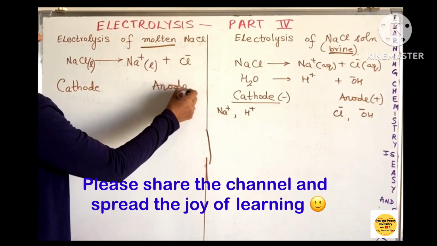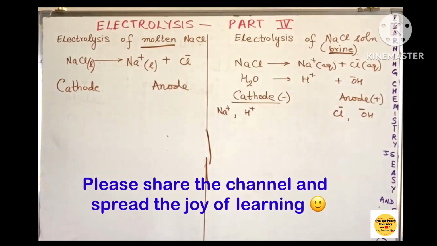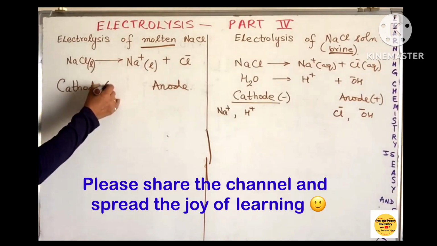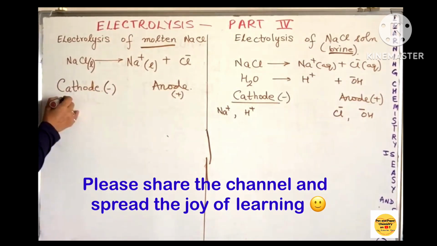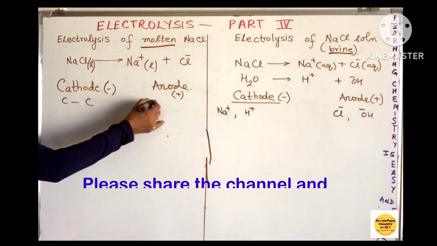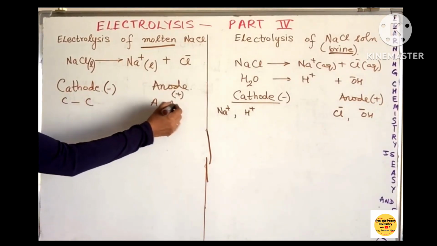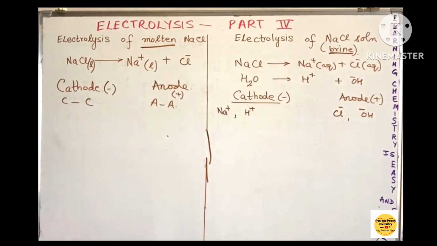Actually, more specifically, when you talk about commercial purposes, then we don't use carbon as the electrodes. There are others. As I said, we are not going into the practical details of it. Cathode is negative rod, anode is positive rod. Cations go towards cathode, anions go towards anode, AACC.